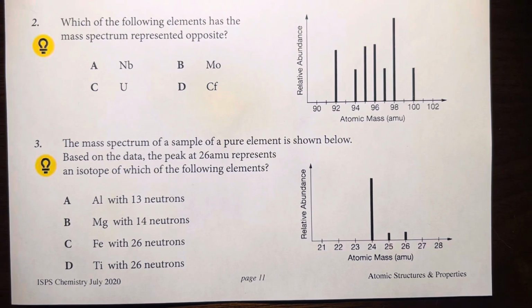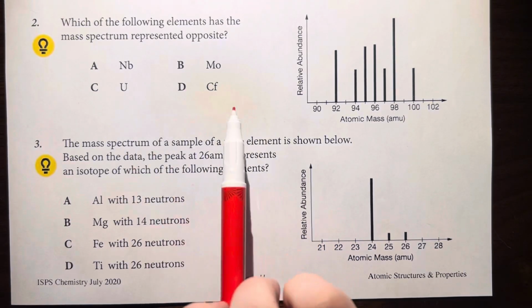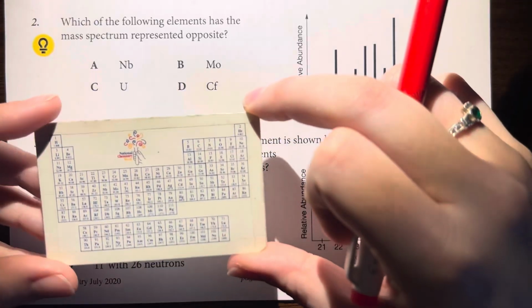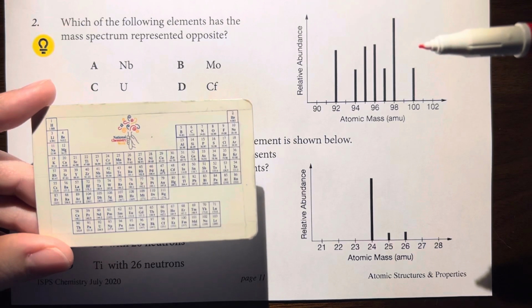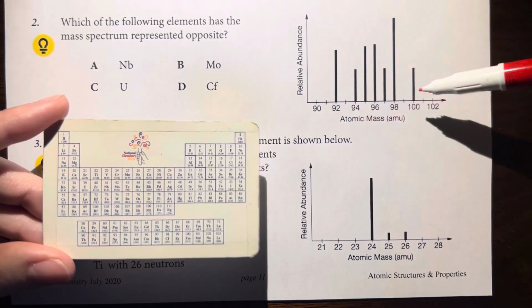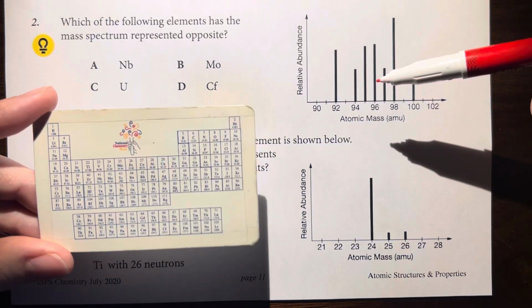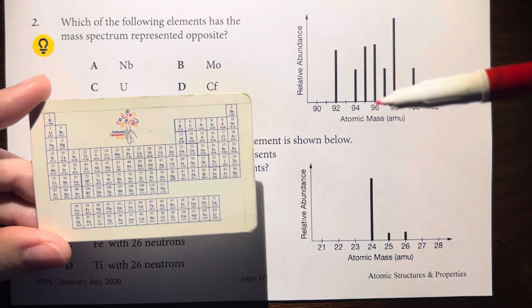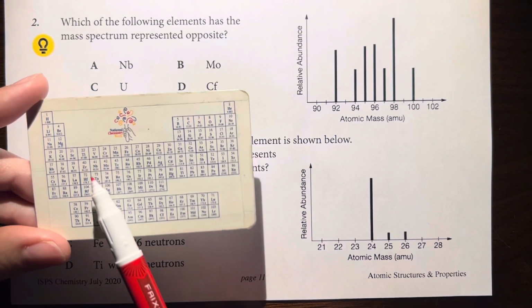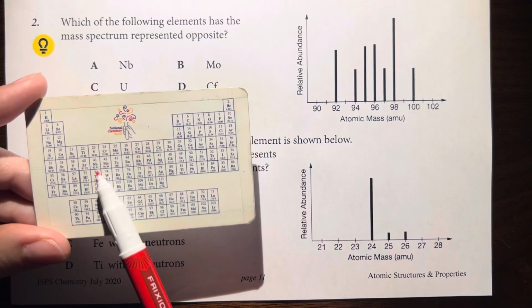Which of the following elements has the mass spectra represented opposite? So we have 4 options here. We have niobium, molybdenum, uranium, and californium. So I'm gonna go ahead and find all of those there and find out what their masses are so that I can figure out if this mass spectra makes sense for all of them. So first up, we have niobium, which is going to be element number 41 with a mass of 92.91.